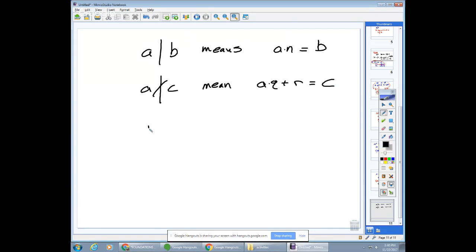So when I try to take B and C and put them together and see what A can do with this, my claim is that it does not divide B plus C. I just look at what B is equal to and what C is equal to according to the definition of divisibility there.